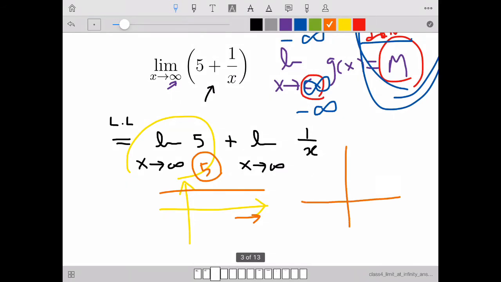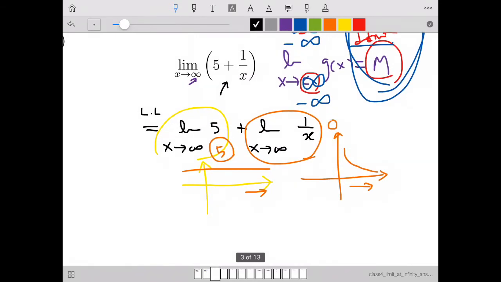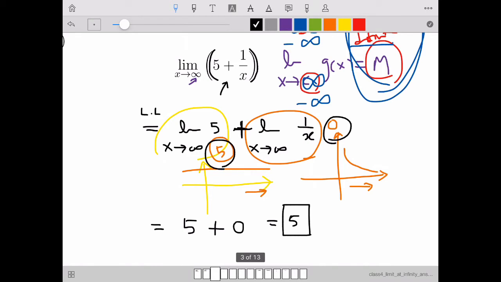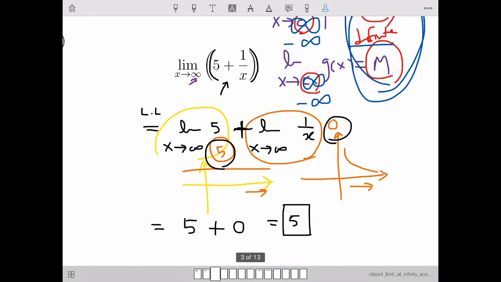And as x approaches infinity, 1 over x goes to 0. That is also a finite number. So we can apply limit law. So the limit of the whole quantity 5 plus 1 over x can be broken into the sum of the limits because each has a finite limit, and its value is 5 plus 0, which is 5. So that's the limit of the sum is the sum of the limits.